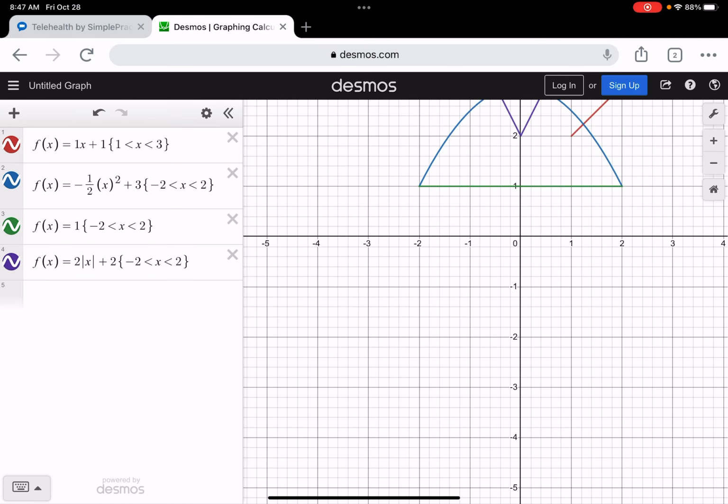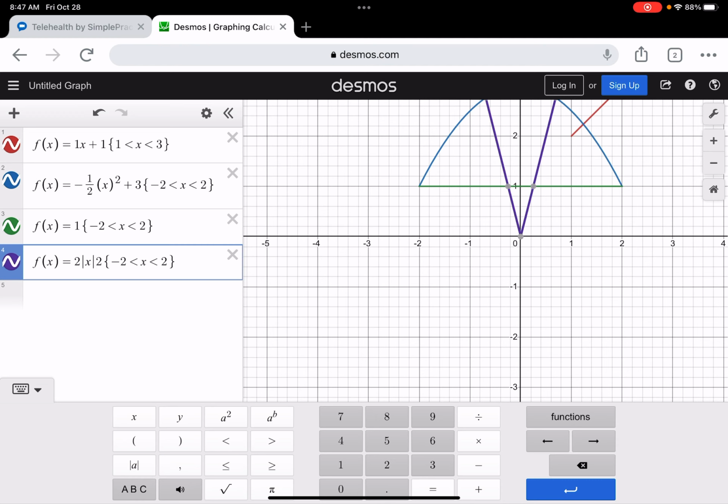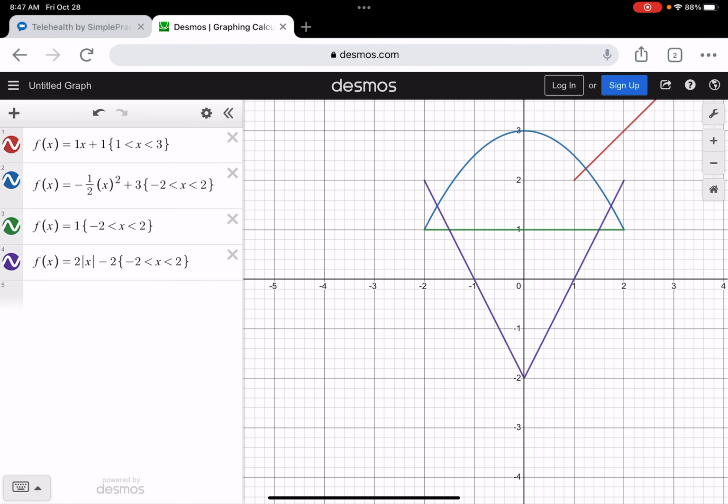Now I want to make it go down. You change the sign on the +2 to be a -2. -2, awesome. Now I could either make it go down more to reach those edges right here, or I could make it fatter.